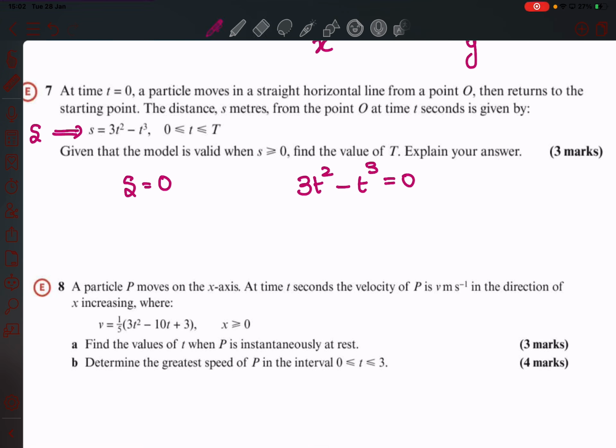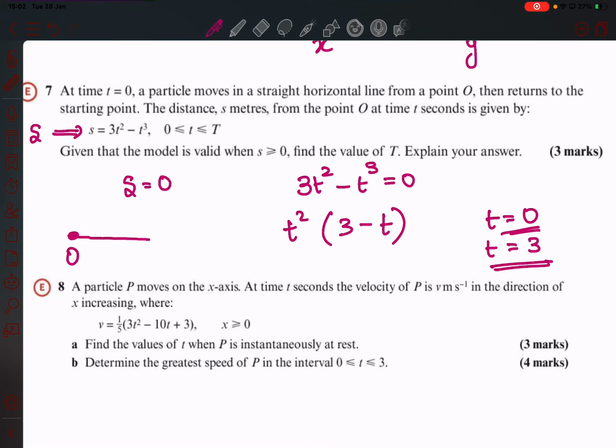This would be t squared times (3 minus t). So that means either t is equal to 0 or t is equal to 3. So you have 2 places where the object is at the origin. Once at the start, and during the third second when it came back to the original position. So this was when t is equal to 3. Does this kind of make sense? Yes.